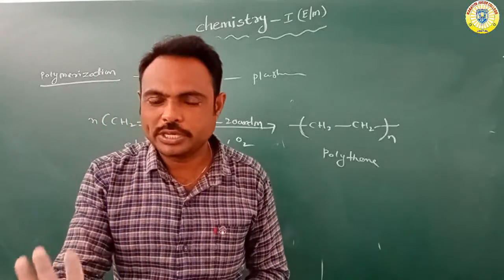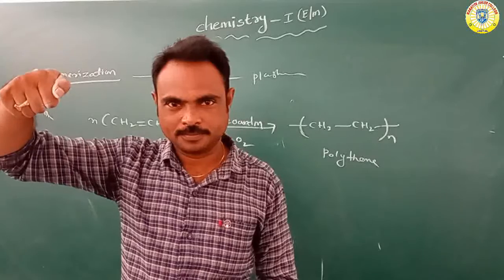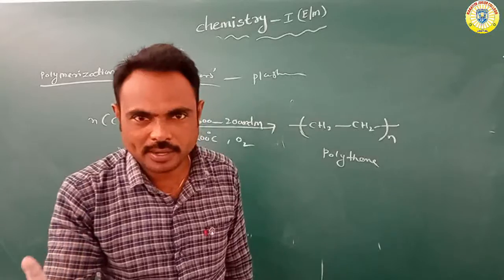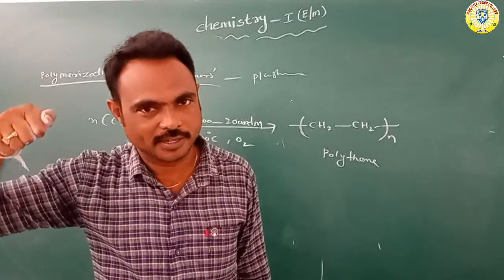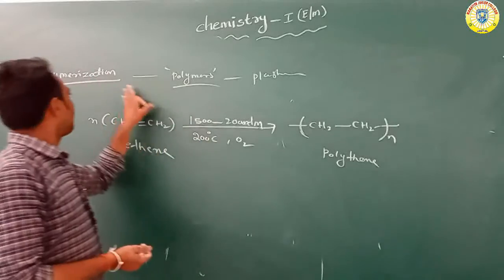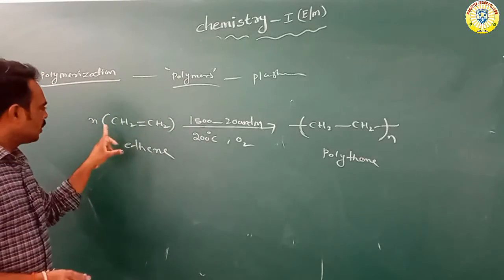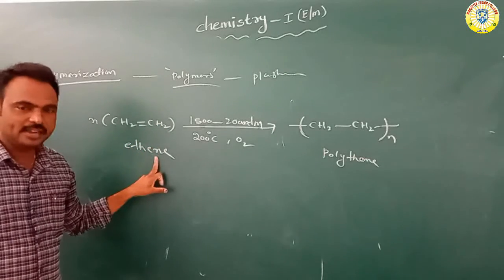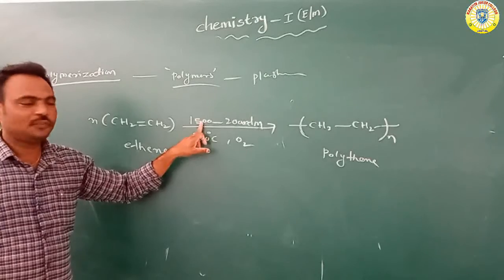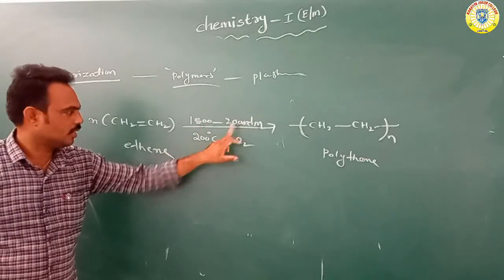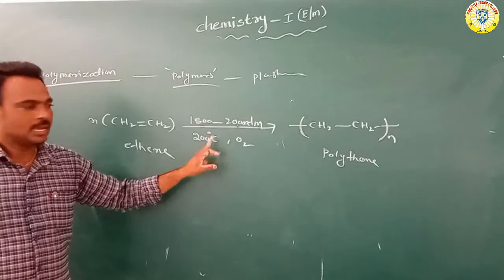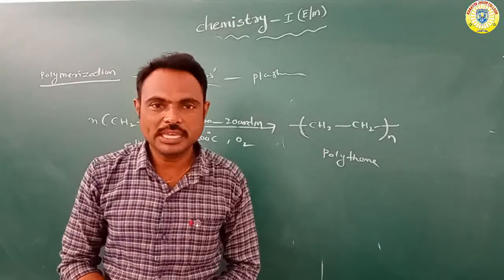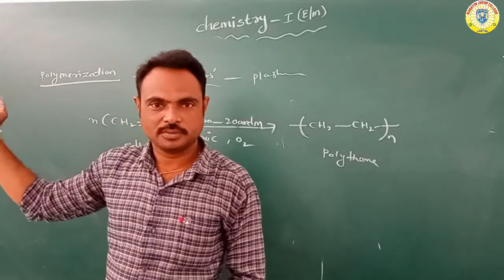It is mainly used in the preparation of polythene covers. So the equation is: CH2 double bond CH2, ethene or ethylene, at 1500 to 2000 atmosphere pressure and 200 degrees centigrade in the presence of an oxygen catalyst, forms polythene or polyethylene. So that is polymerization.